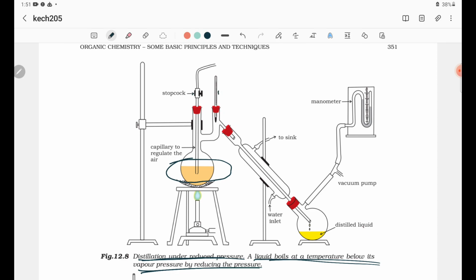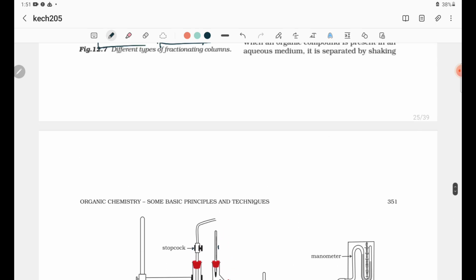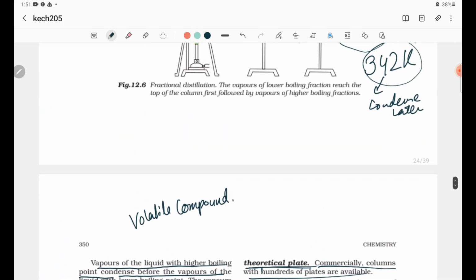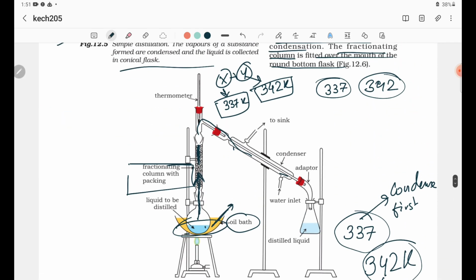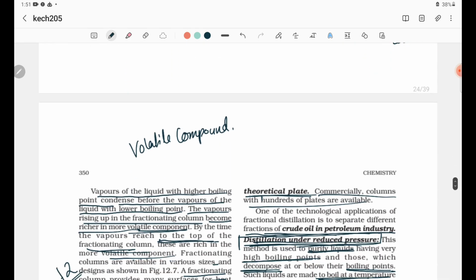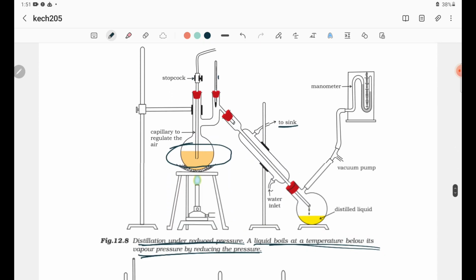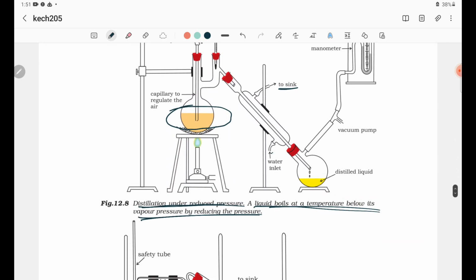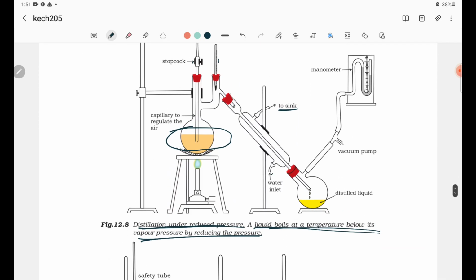Here there is the thermometer. Again the same thing: water inlet here, and the water goes to the sink, because you need condensing. In normal distillation also there was the water inlet here.